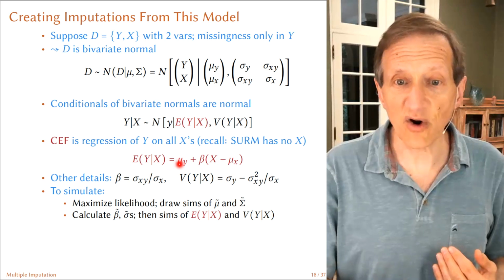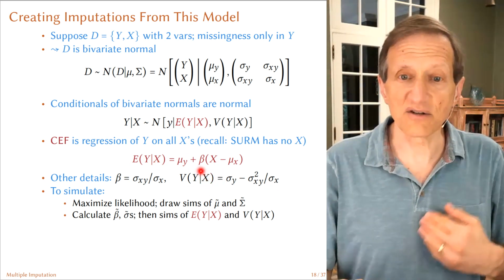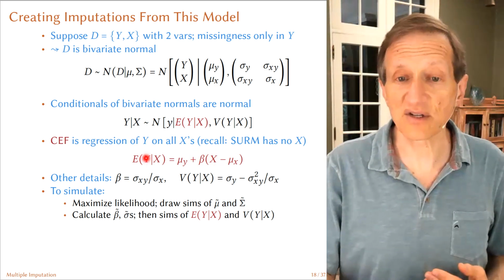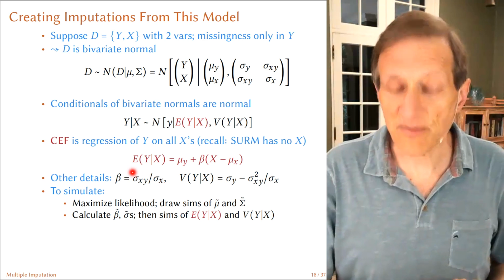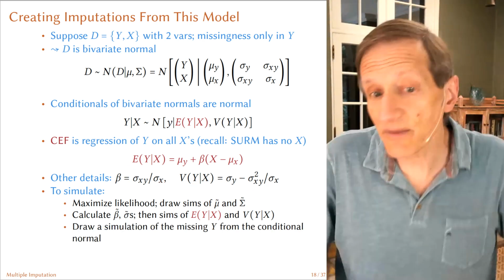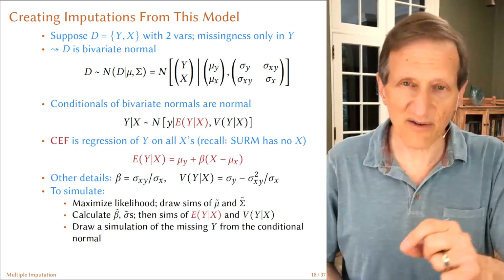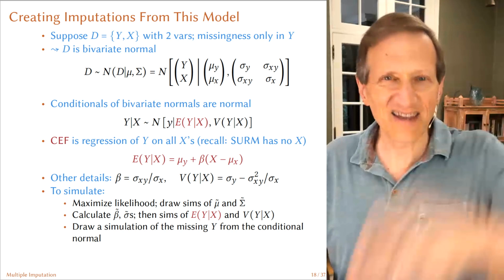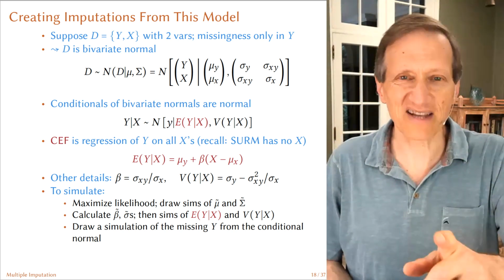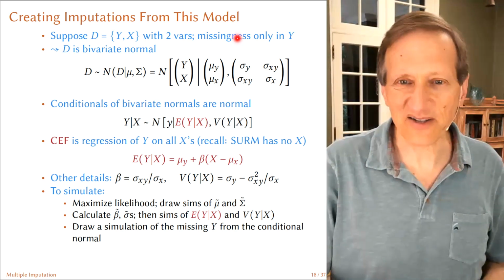We'll use these formulas for the expected value and the variance, substituting in the simulations, to get simulations of the expected value and the variance. We'll then draw a simulation of the missing y, not the expected value of y given x, but the missing y drawn from a normal distribution with that conditional expected value and variance.